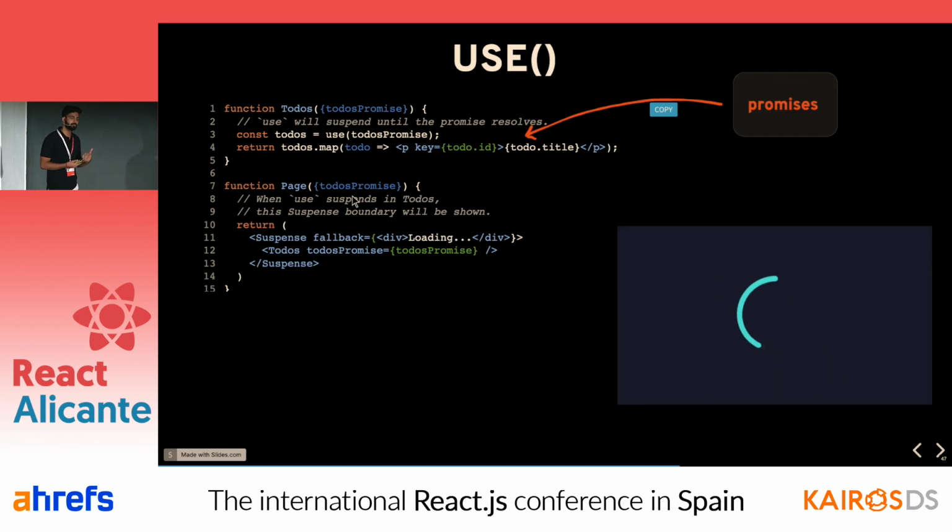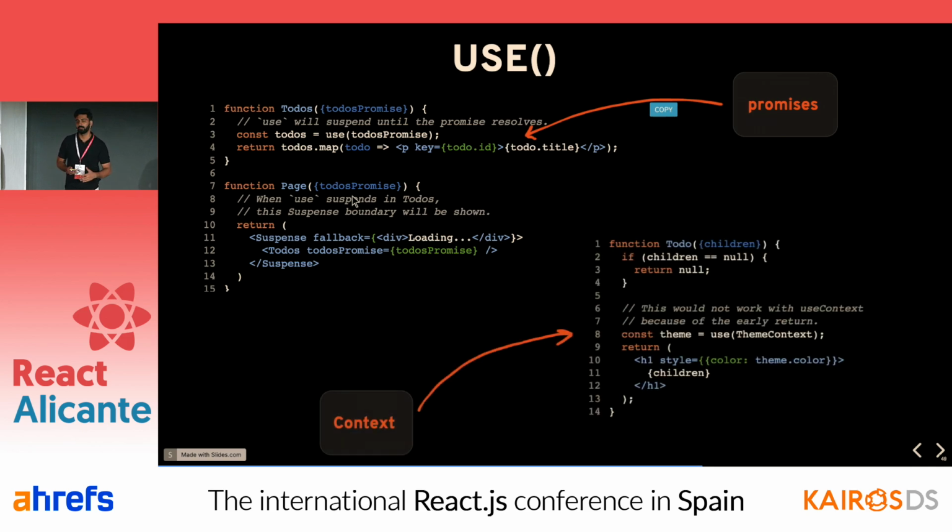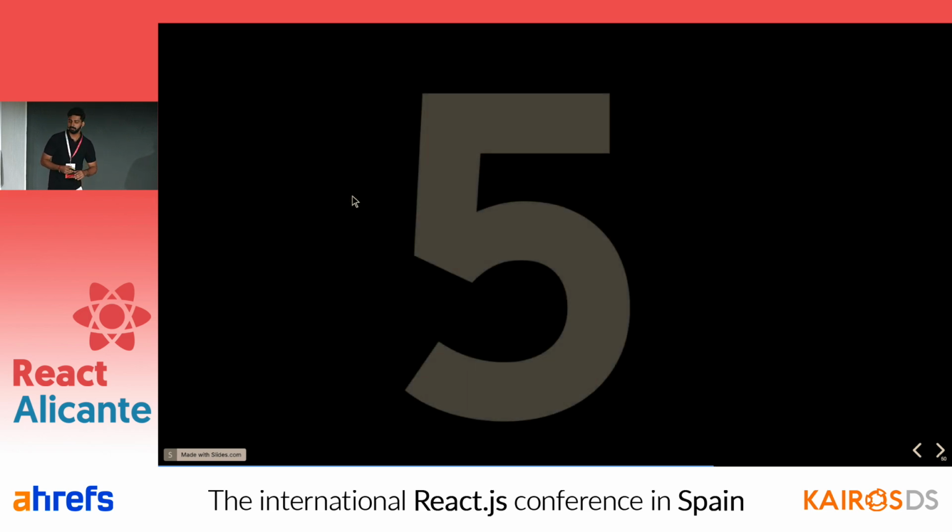And as it resolves, the suspense is going to remove that fallback loader for you, and it's going to load your component with this use. And it simply works with context as well. With the context API, you can just give it your context object inside use, and you'll be good to go. Things would be working as expected.